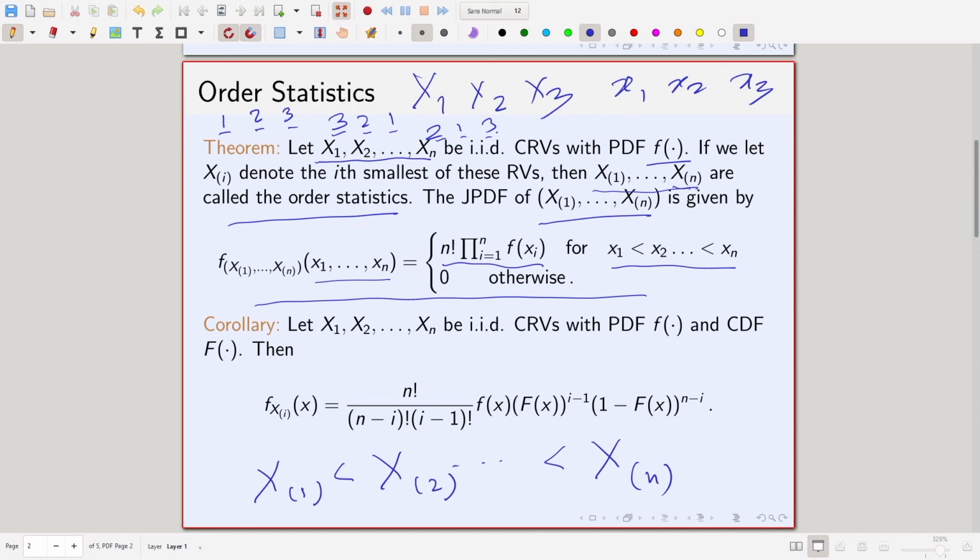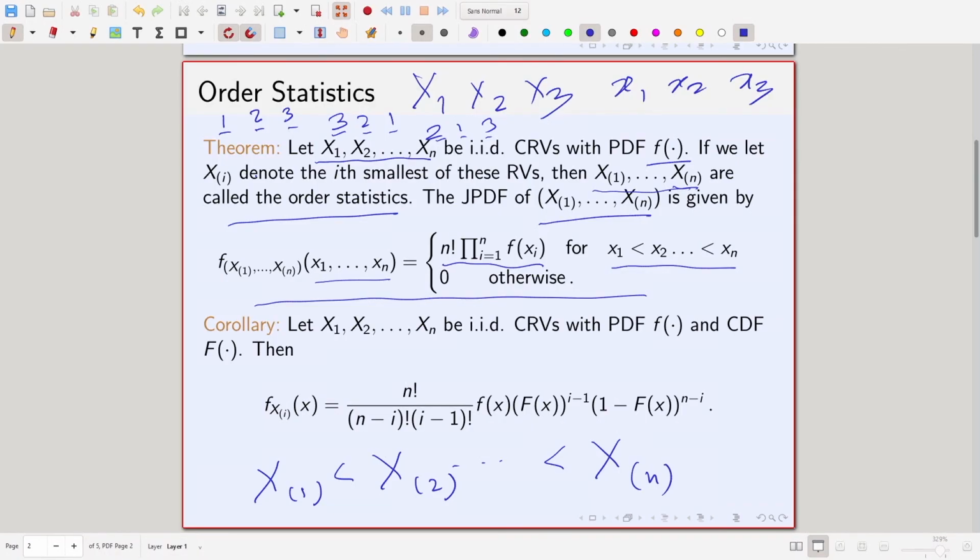But if you look at x bracket 1, then it is the same. What I am saying is, if I give you n numbers, then for all possible n factorial permutations of those n numbers, if I just order them, they will give me the same ordering. Like 1, 2, 3, 3, 2, 1, 2, 1, 3. If I look at it as a 3 tuple, then these are different, but if I take the numbers and order them, they give me just one thing, 1, 2, 3.